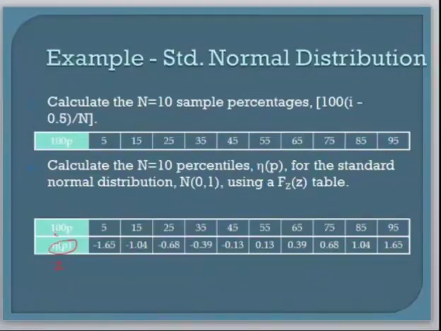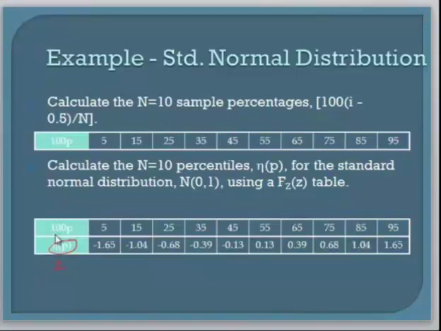We calculate our different percentile points, and then we calculate the eta p values for those particular points. And this time we're using, of course, a standard normal distribution. So when we find the z value, it actually is the z value, right, that you see here.